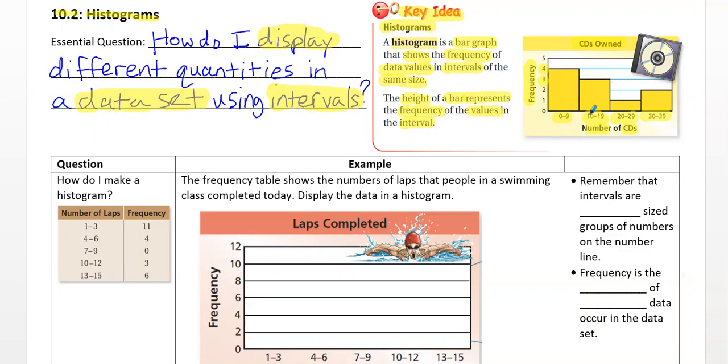So maybe it was 10, 10, 10 in the data set. Maybe it was 10, 12, 15. We don't know what the data set looks like, but we know there were 3 numbers in that interval. There's only 1 number in the interval of 20 to 29, and there were 2 in the interval between 30 and 39.